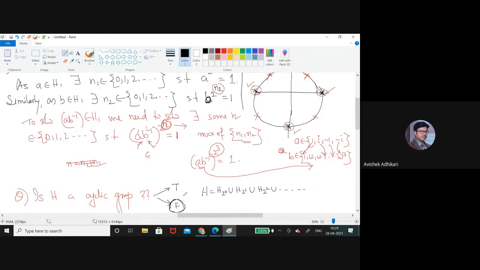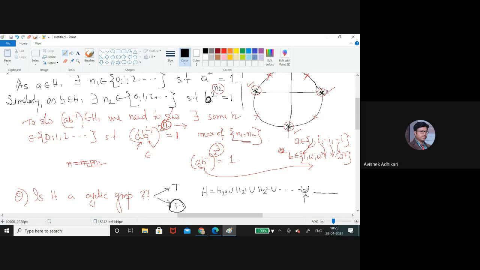If it were a cyclic group, then it must be generated by some single element, and that single element will certainly belong to some one of these subgroups. And if it belongs to some subgroup, then what will happen for the other groups which are bigger than this?